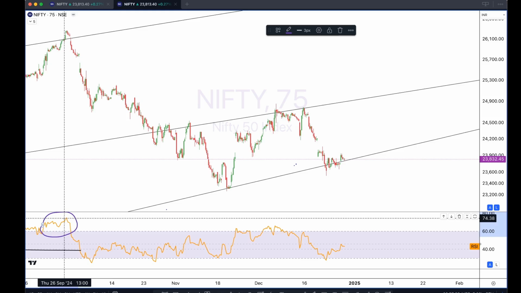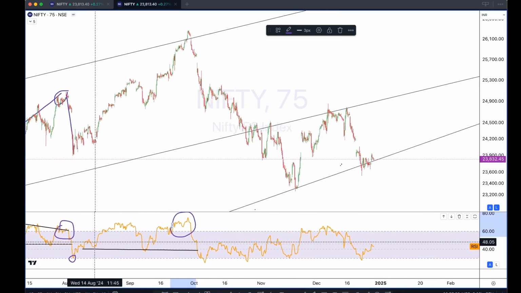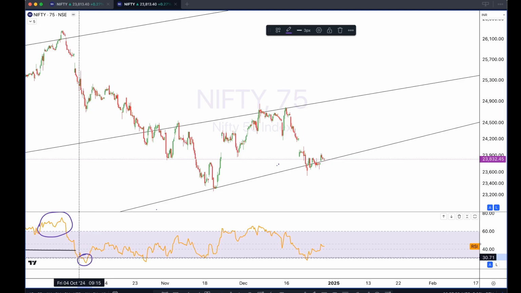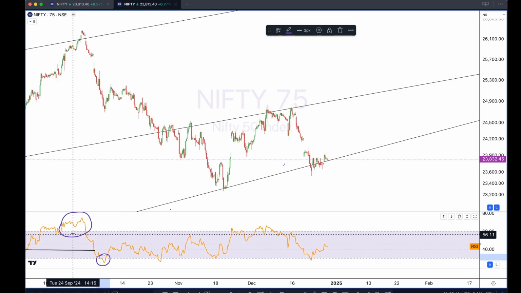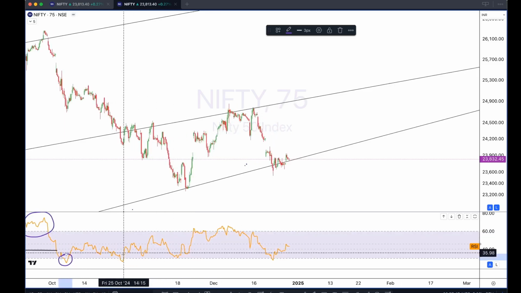It is actually at 75 here, and there is also no negative divergence in place, right? However, when the RSI declined below the level of 40 and even reached the level of 30, this was definitely an indication that more weakness is expected to continue in the market.